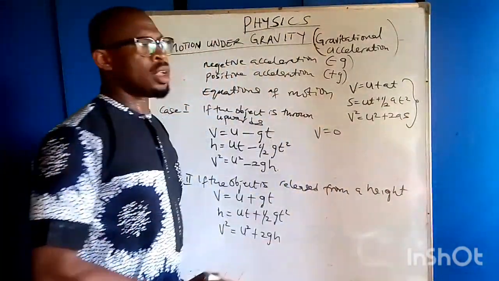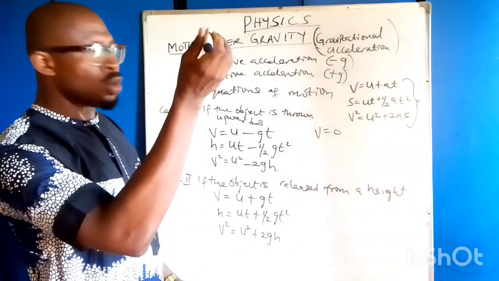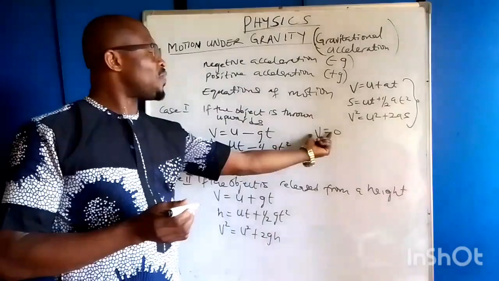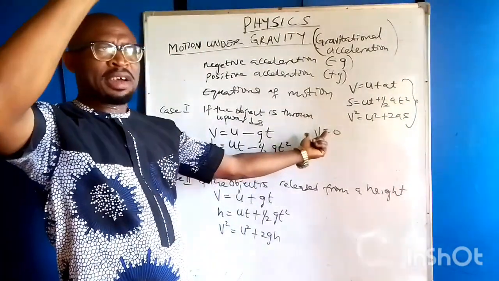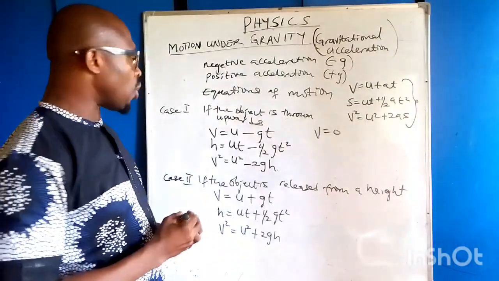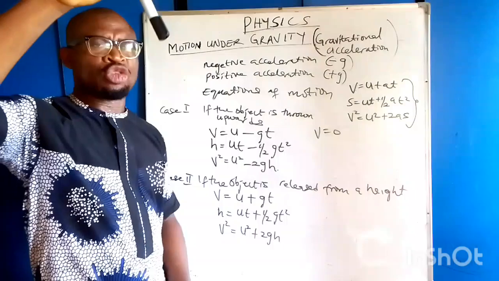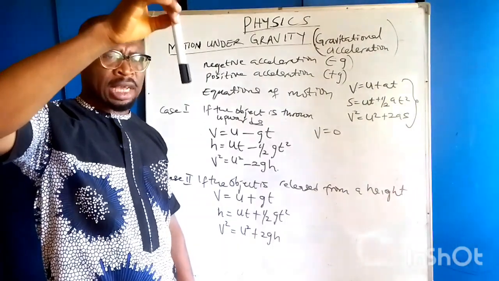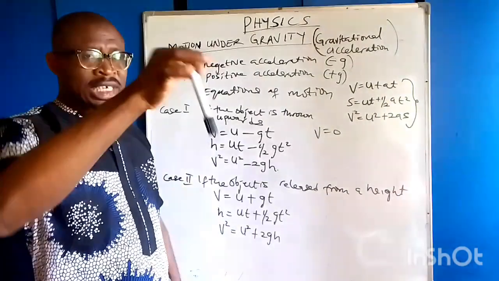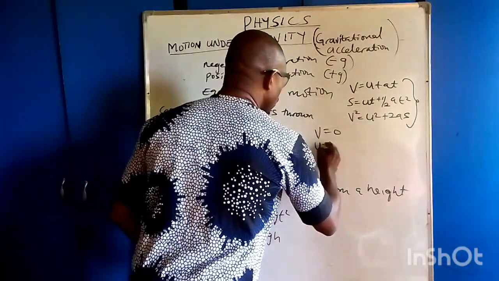The initial velocity is there when it is projected, but at the highest point before it starts coming down, the final velocity is zero. The second thing I want us to look at is when the object is released from a height: the initial velocity, u, at that time is 0.